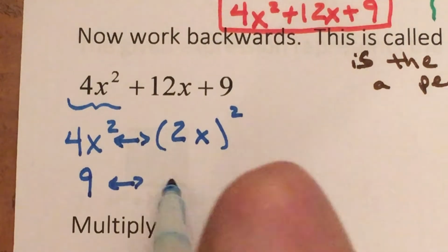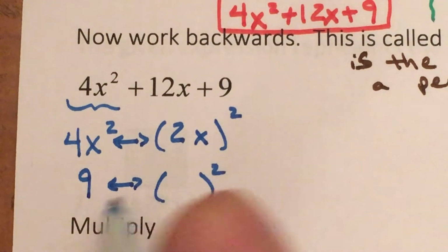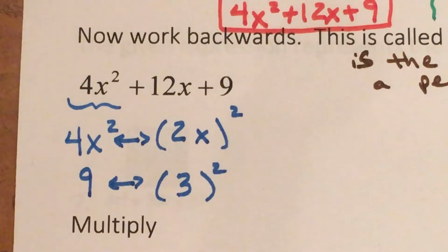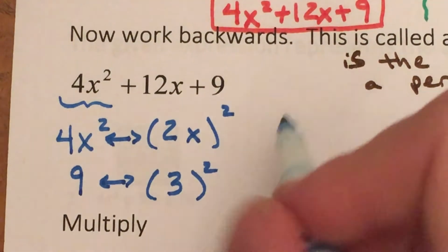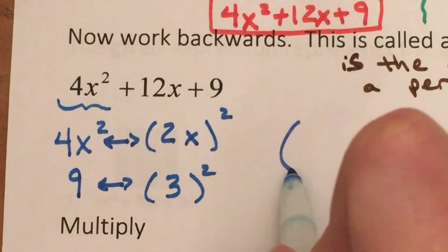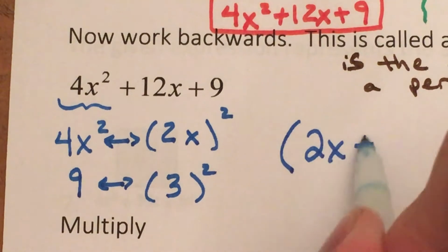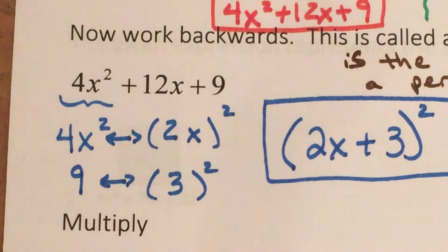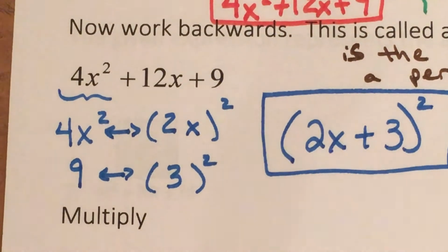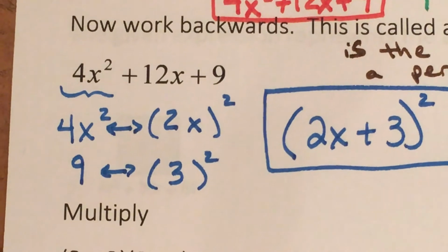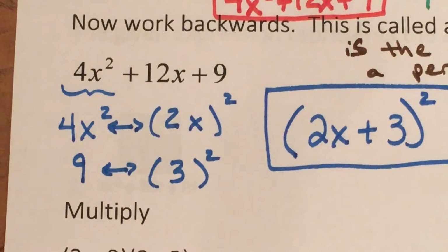What would that have come from? 3. So, therefore, the factored form of this trinomial is 2x plus 3 squared. Done. That is super fast. I mean, crazy fast. Love those. Because it was just that easy.